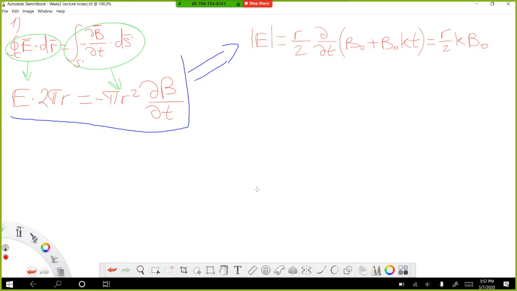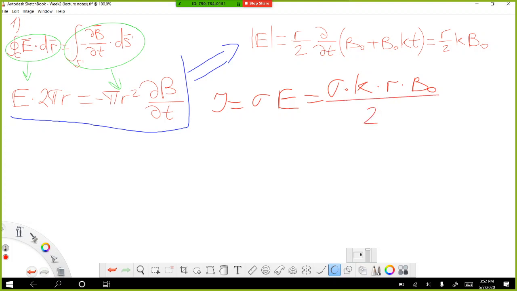And next we know that current density J equals sigma multiplied by electric field, and this equals sigma by k by r B0 over 2. Yes, over 2.